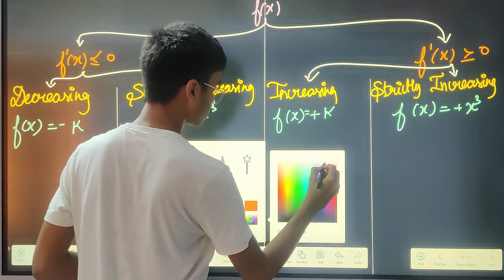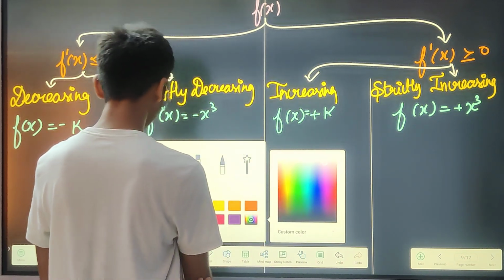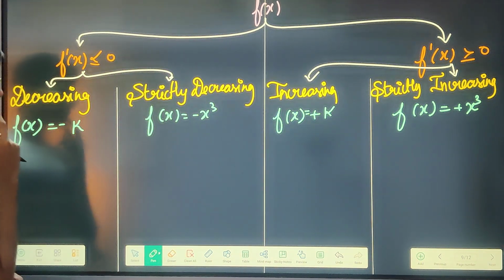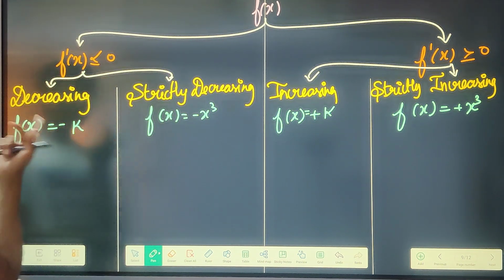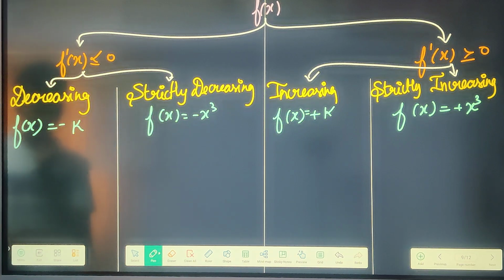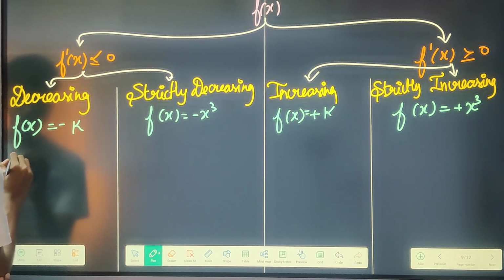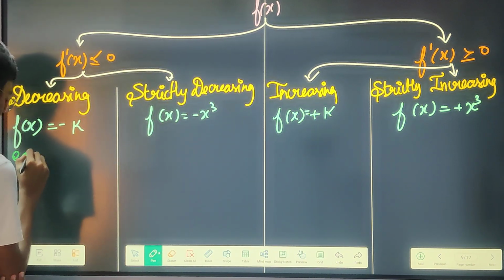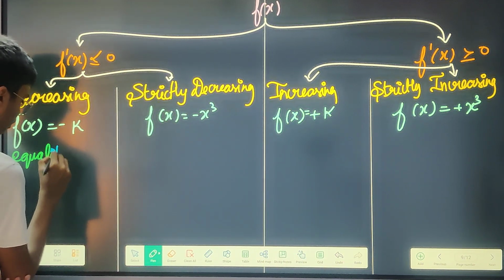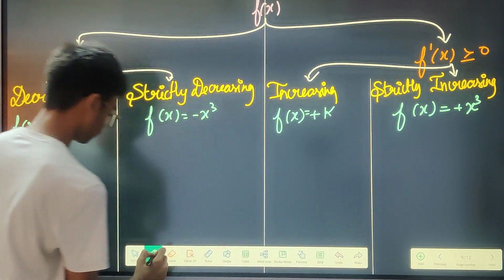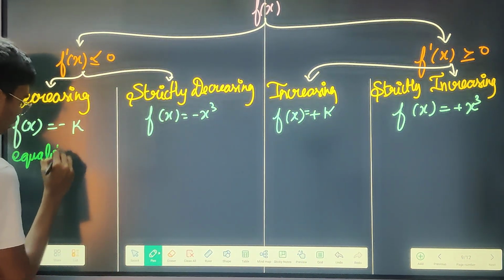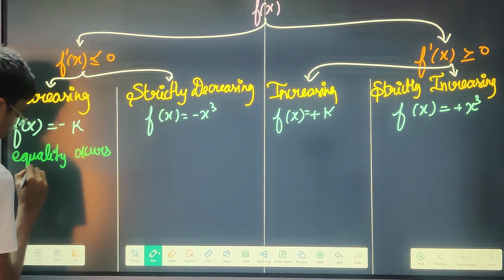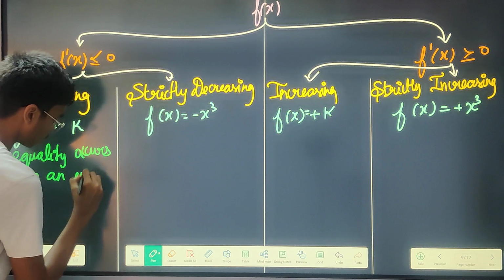So for decreasing, equality occurs in an interval.